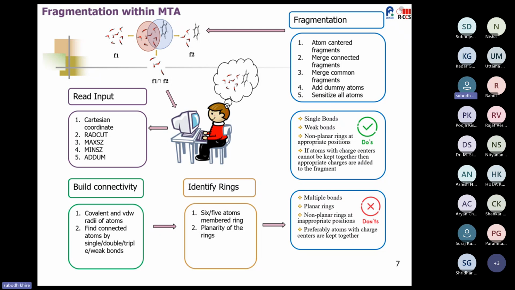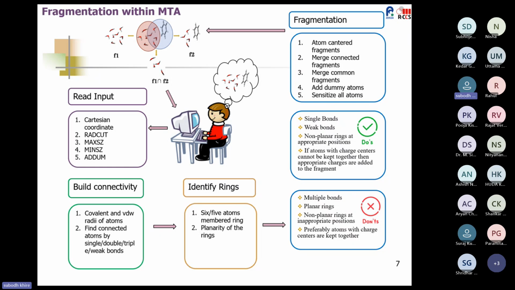I will not go much into the detail of what rad cut and max size are, but right now you can believe me that rad cut is one of the parameters, and on that basis fragments are generated. This is in units of angstrom, because our Cartesian coordinates are in angstrom. You may consider it as a radius for generating the spheres, which is used for generating the fragments.